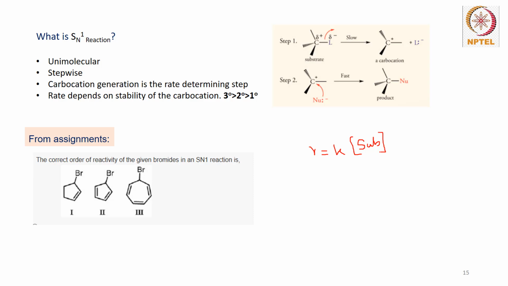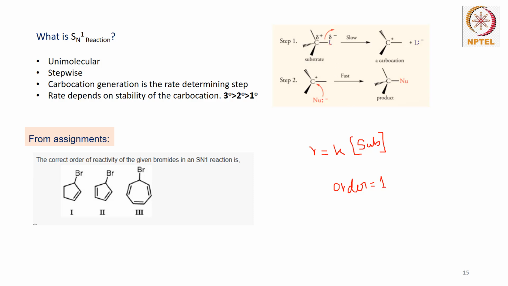It is called a first order reaction because there is only one substituent in the order. So the order of the reaction is one, because only one substituent is involved.